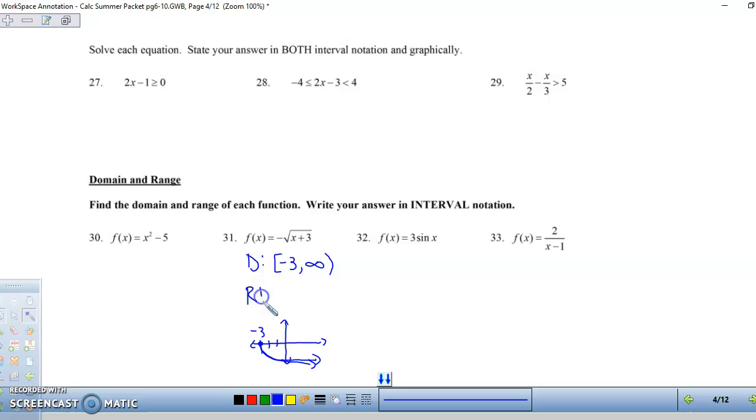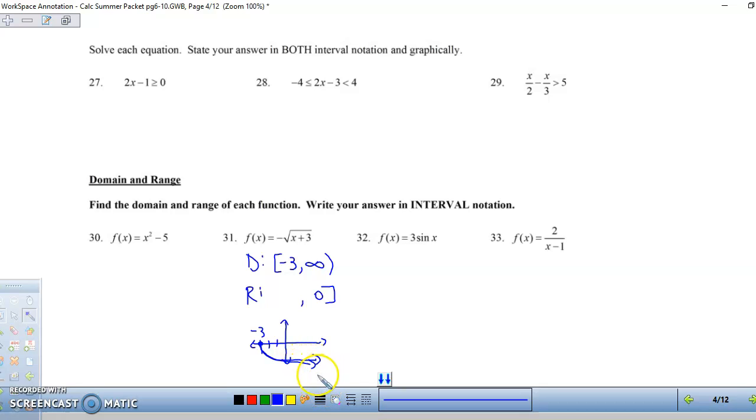So range is your y values, and you start from the bottom and go up. So the highest y value is going to be that 0, because this point is at negative 3, 0. So I know it's going to stop at 0. And then where does it start below? Oh, we're going down. Well, this thing, and it doesn't seem like it, but this thing will go on and get lower and lower and lower.